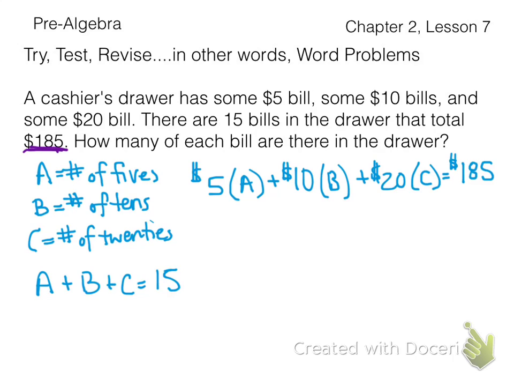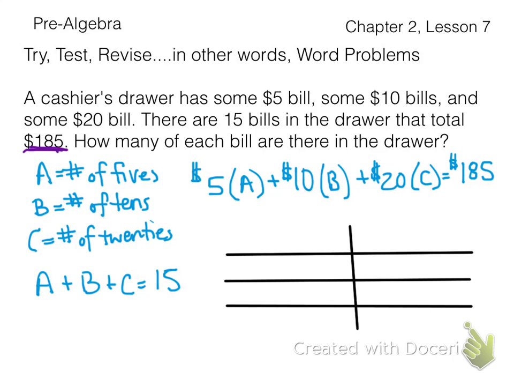And the whole thing's going to equal $185. The next thing I got to do, though, is guess and check. I need to figure out what values for A, B, and C actually work. So let me pull out my table and let me try and do some of these, okay? All right.